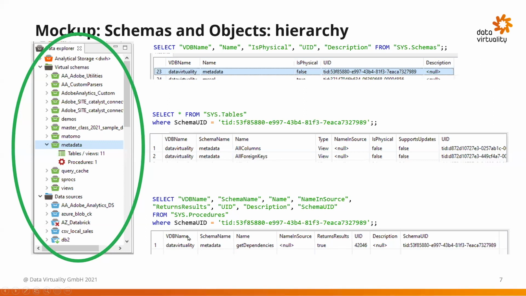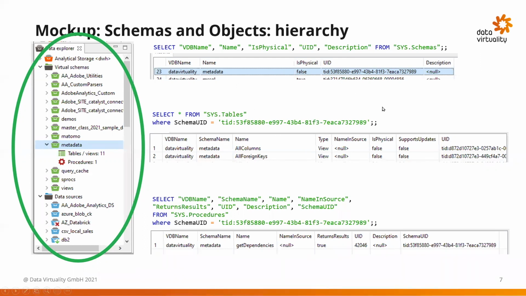The next thing we want is to look at the stored procedures in this hierarchy. So we're going to do the same thing. We're going to query sys procedures and filter on the schema ID. So this is an example of how to get it just for the metadata schema.